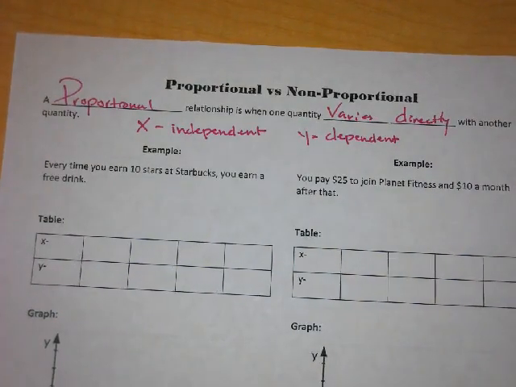A proportional relationship is when one quantity varies directly with another quantity. Usually we say these quantities are independent or dependent upon each other. So one quantity is going to be independent, and the other will be dependent.